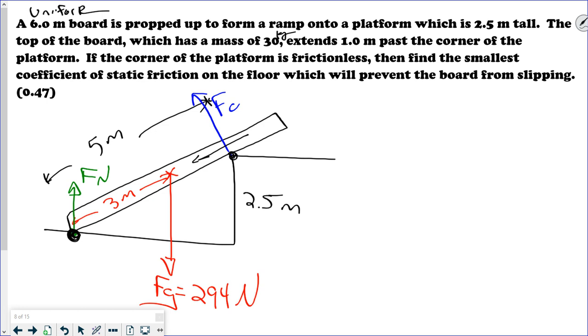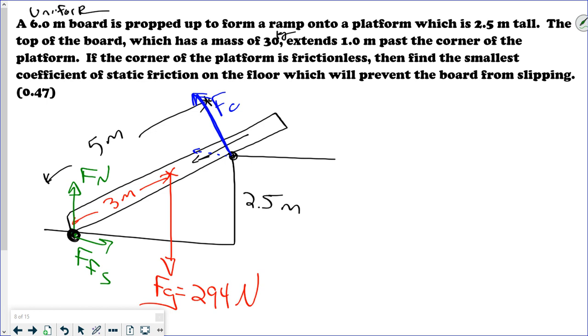And so the friction is going to prevent that, right? Furthermore, notice this force of the corner has a horizontal component that's pushing that way. That's what's going to cause it to want to slide, okay? And so therefore, we have to have a force of friction over here to cancel out the horizontal component of that corner force, okay?